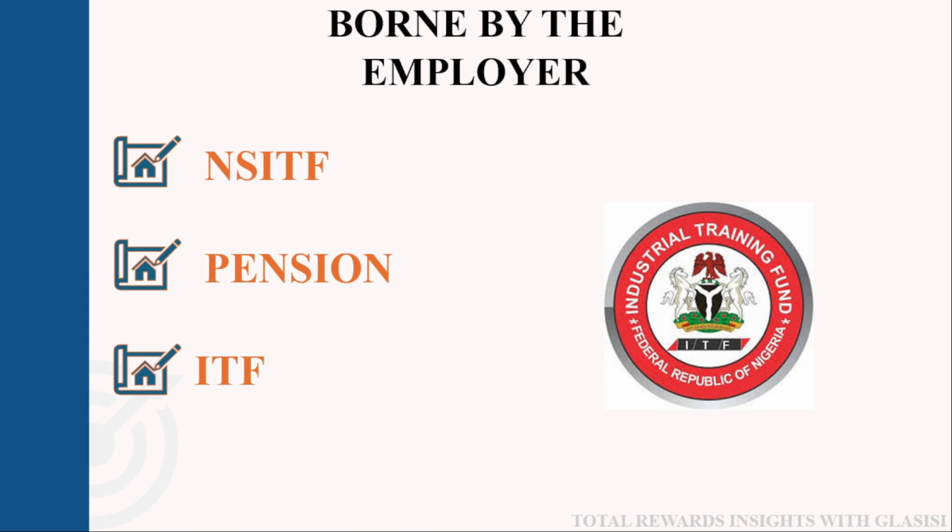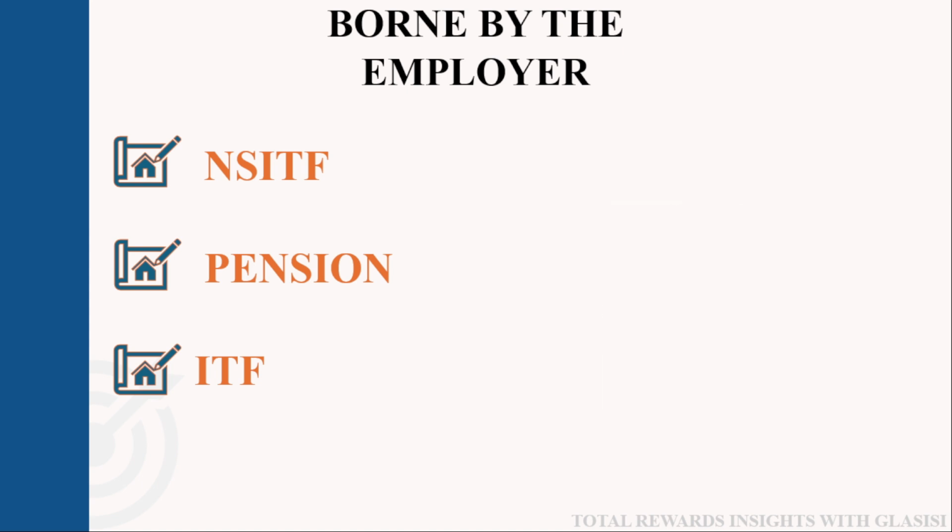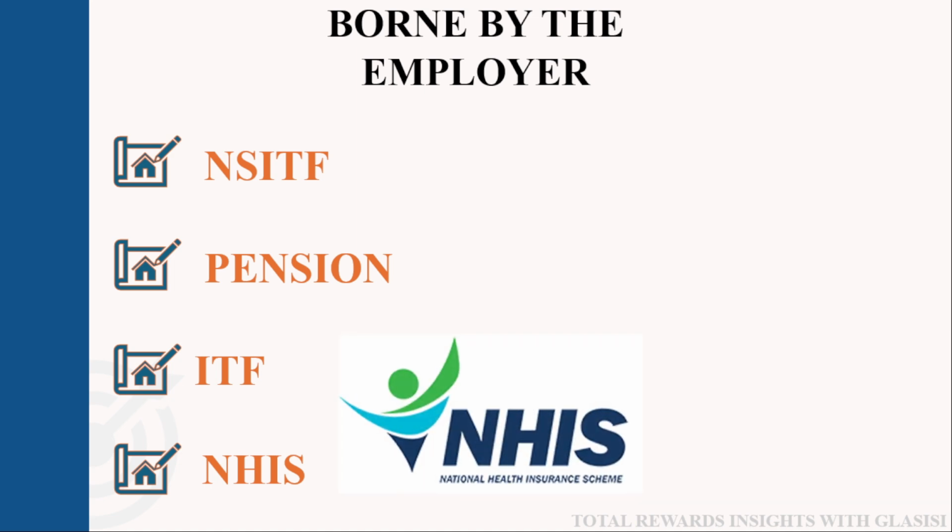This deduction is also borne by the employer directly. And the fourth is NHIS, National Health Insurance Scheme. This is generally known as HMO. HMO is borne by the employers, in line with the agreement with the HMO provider, and it is backed by the NHIS scheme.